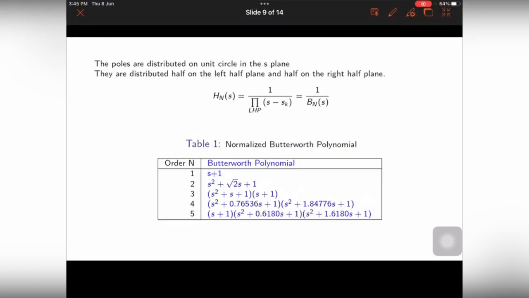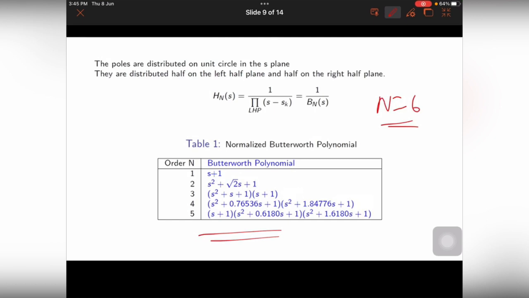Here I will show the table. Up to n is equal to 5 I am showing; in the exam, maximum they will give up to n is equal to 6. So when n is equal to 5, you will get the normalized transfer function as shown in the table here.